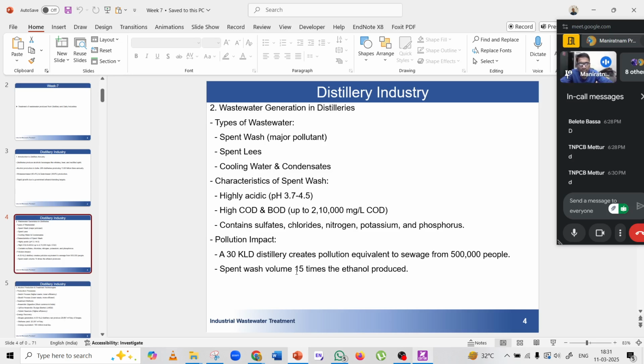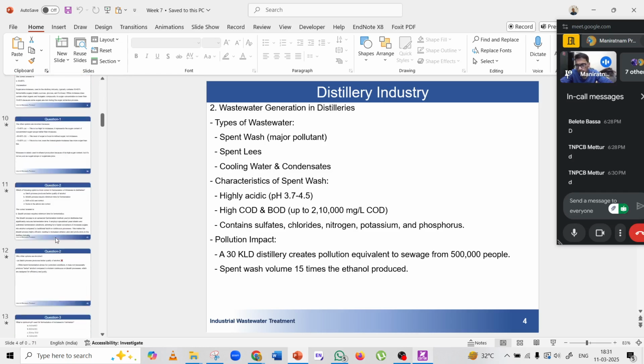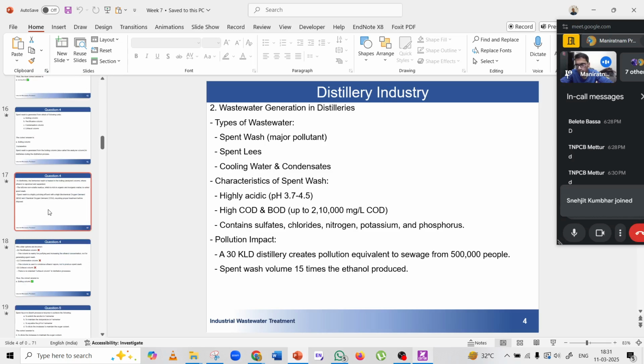This is directly linked to the ethanol produced. Per ml whatever is coming in the system, many times will be getting converted into spent wash. So that's why the answer is 450.